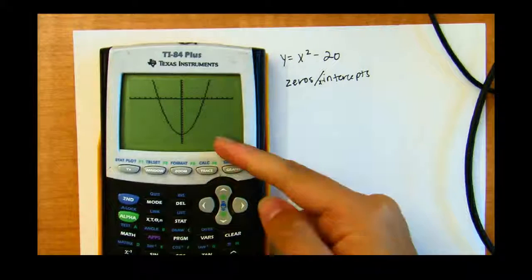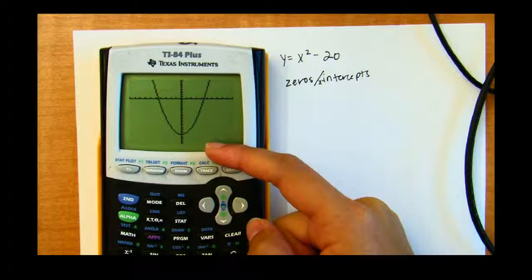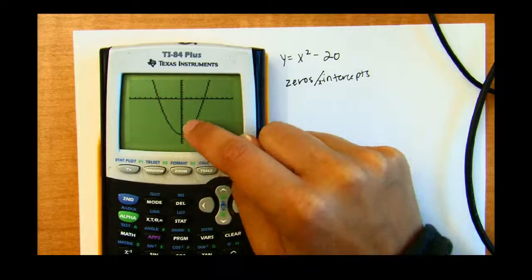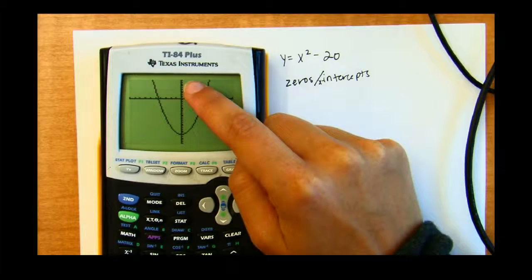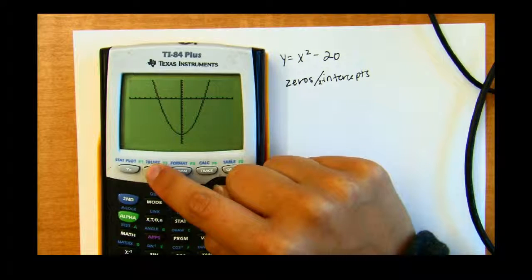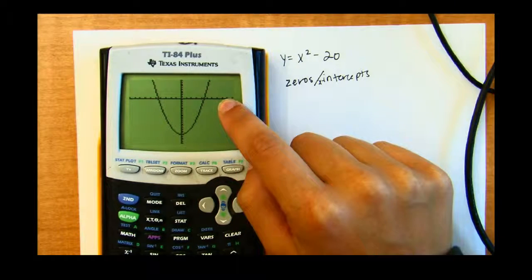Okay, so now I can see the full shape of the parabola. That's going to be helpful in future units, just to be able to see what is going on with your graph. I noticed that the tick marks on my graph got a little bit closer together. They're kind of smudged. And so I kind of want them to look like what my x-axis looks like.